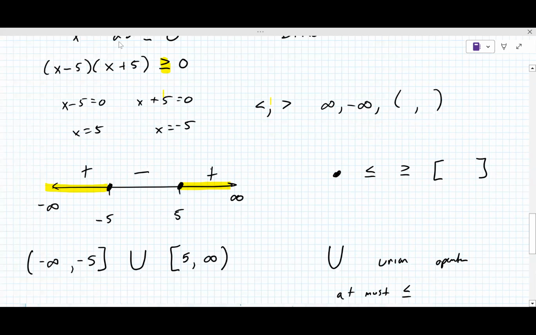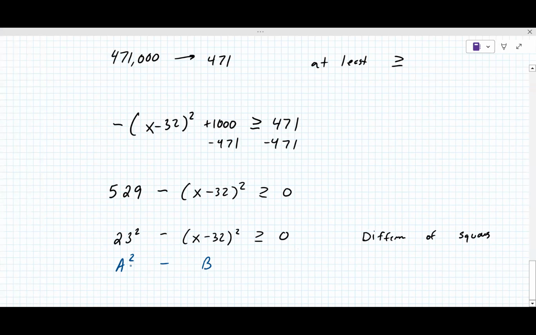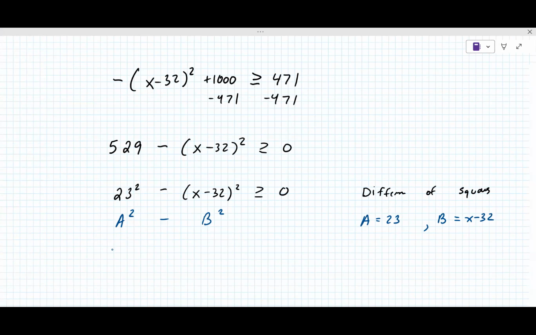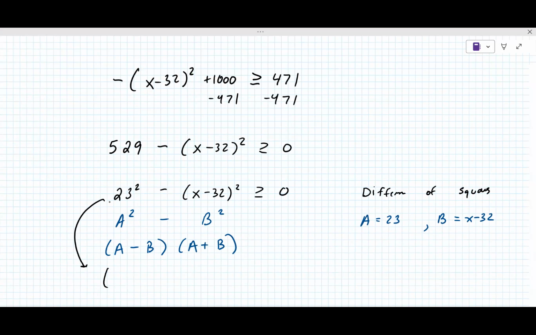So I'm going to show the formula here, A squared minus B squared, but I want you to see that A is really 23 and B is really X minus 32. And so this formula is always written as A minus B, A plus B. So in your problem, it becomes 23 for A minus, now B really is X minus 32 in parentheses.